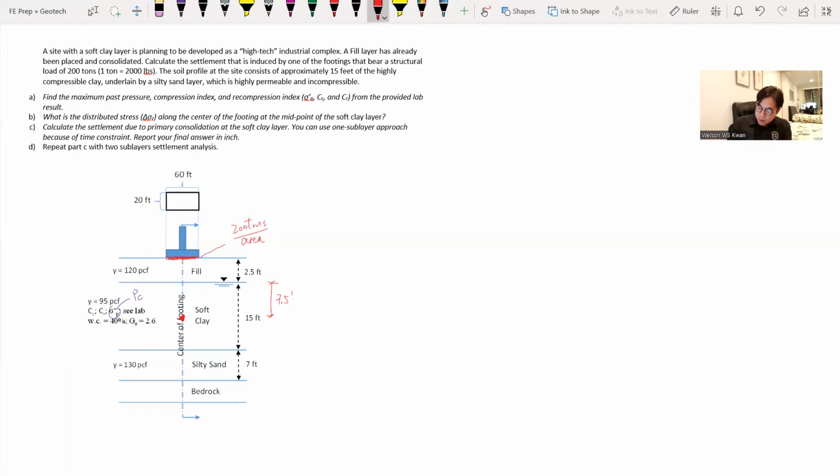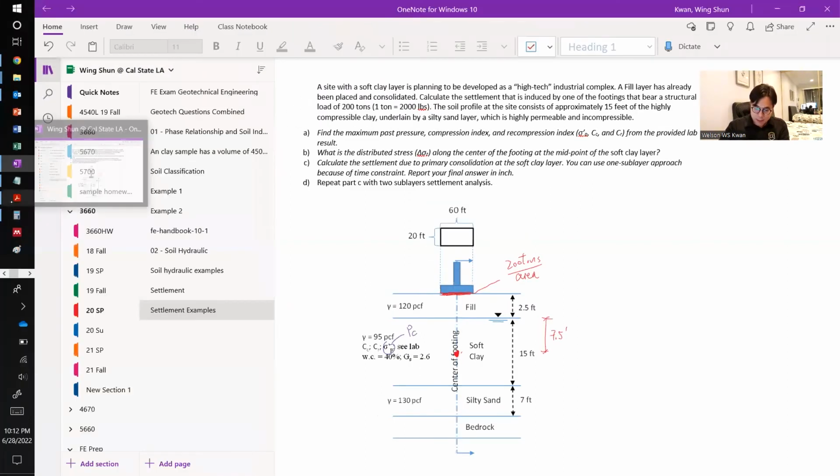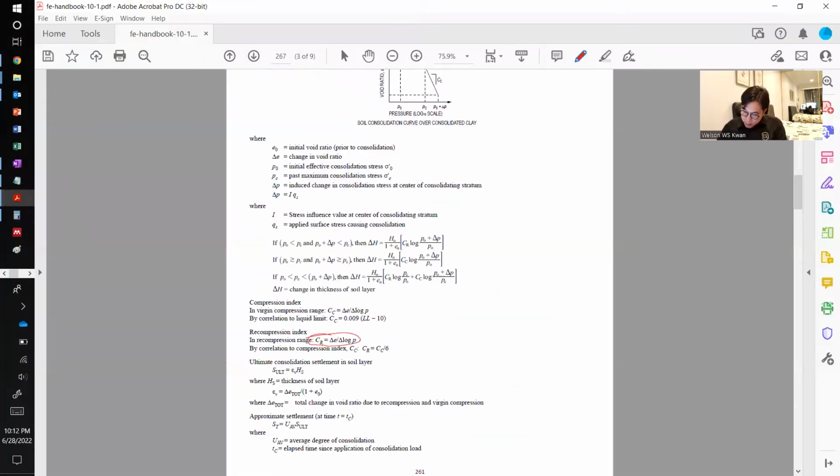But at this point, at the midpoint right there, the delta stress in your FE manual is represented by delta P. So delta P is the induced change in consolidation stress at the center of the consolidating stratum. That's exactly what we're doing at the midpoint of the soft clay layer.